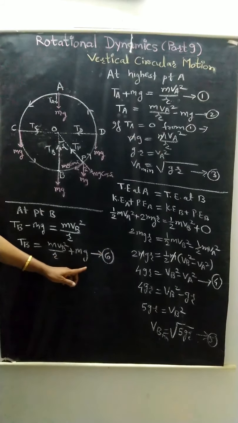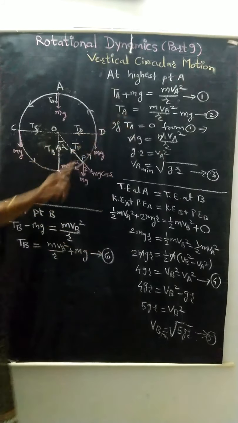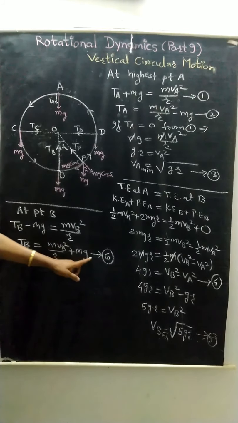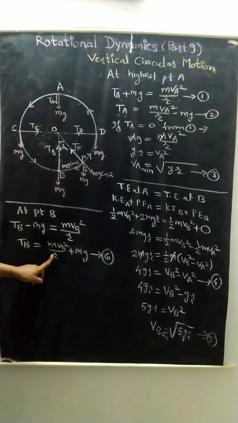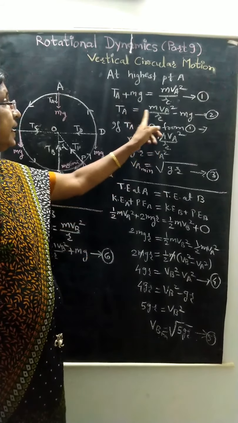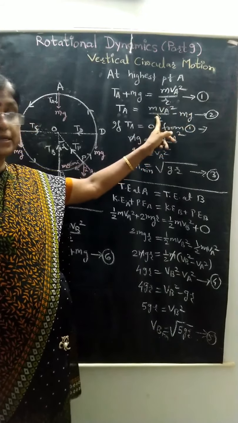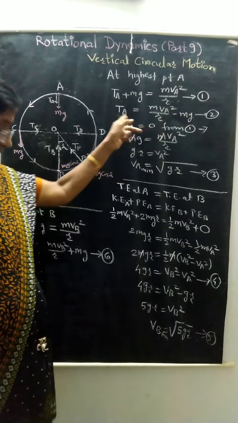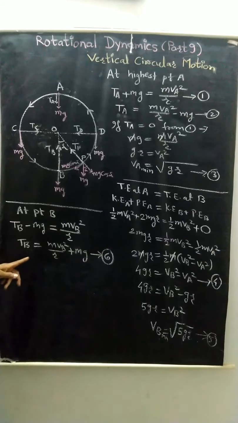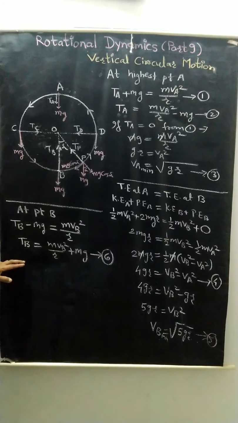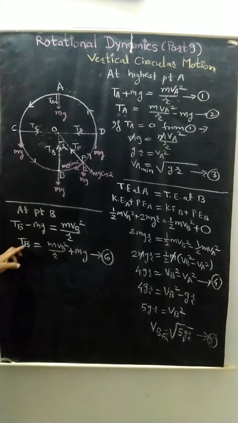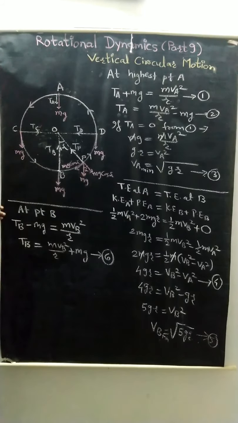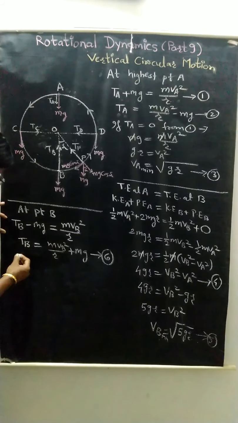From equation 6 and equation 2, it is clear that for Tb, mg is added to this term, whereas for Ta, mg is subtracted from this term. Therefore, Ta will be less than Tb. We are sure that Tb is always greater than Ta. Therefore, I will subtract equation 2 from equation 6.